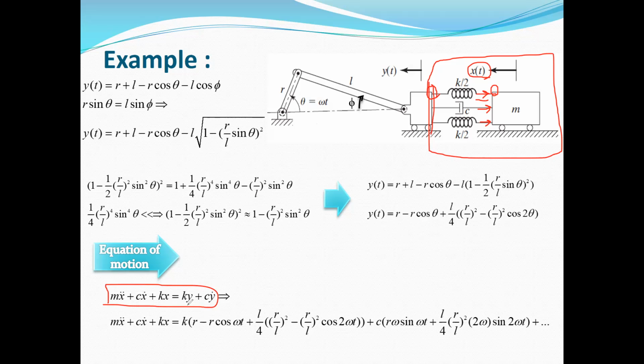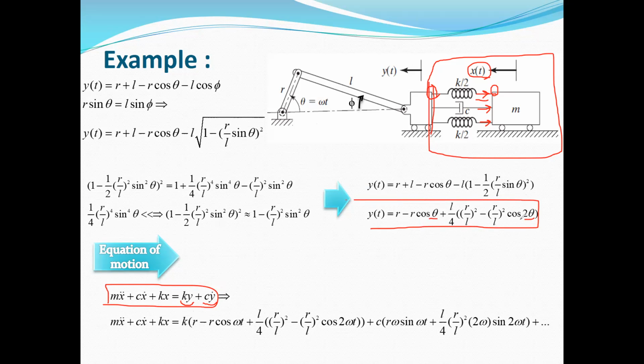Now we have the non-homogeneous term, which is a function of y and y dot, where y is calculated here. Now we can substitute that y is equal to this term, and we also need to calculate y dot. Here you know that theta is a function of time.